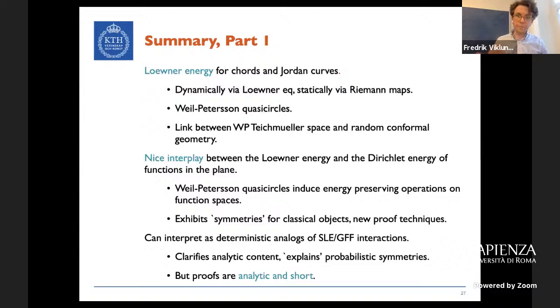Certainly I feel that this, to some extent, clarifies these probabilistic results, which are not easy to prove, but these analytic arguments are pretty short, and once you have the right setup, rather simple. So this clarifies the analytic content of these coupling results, and depending on your point of view, quote unquote explains probabilistic symmetries. But again, proofs are purely analytic and rather short.